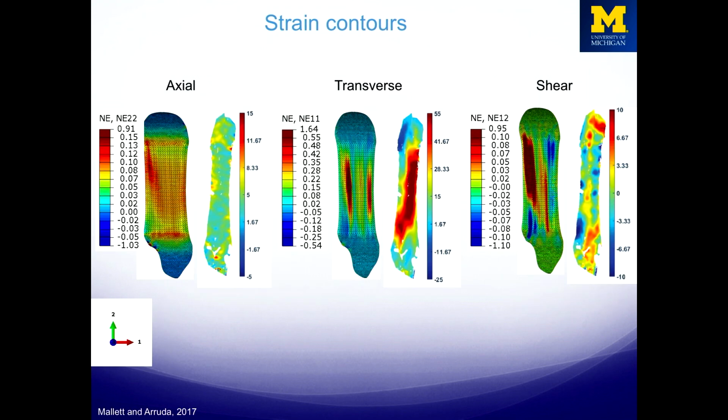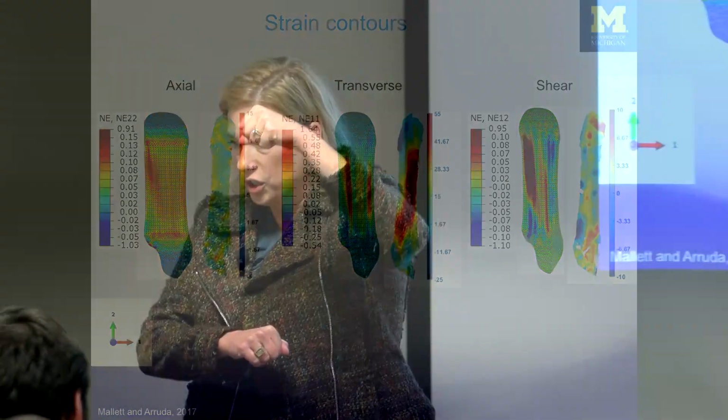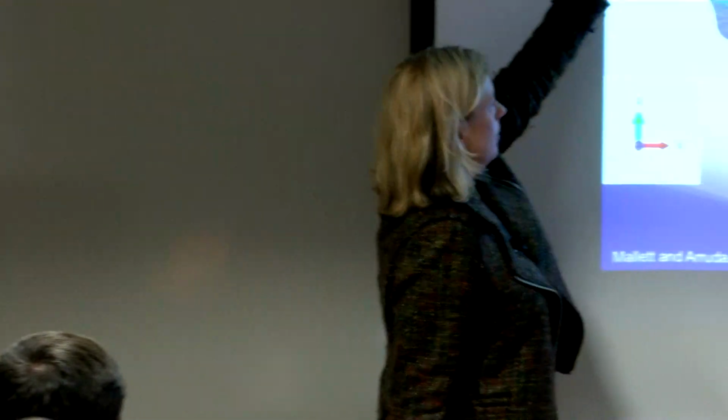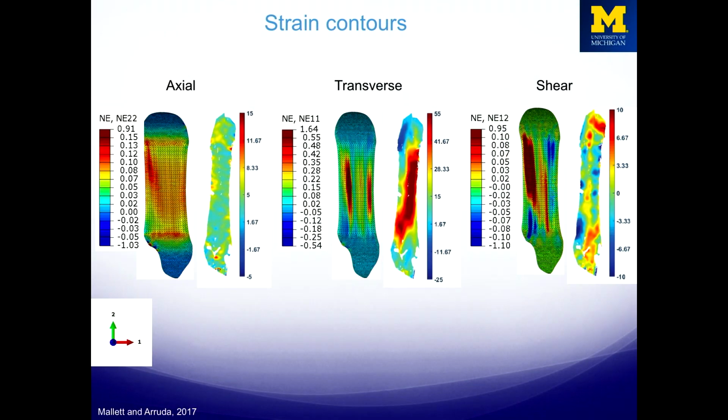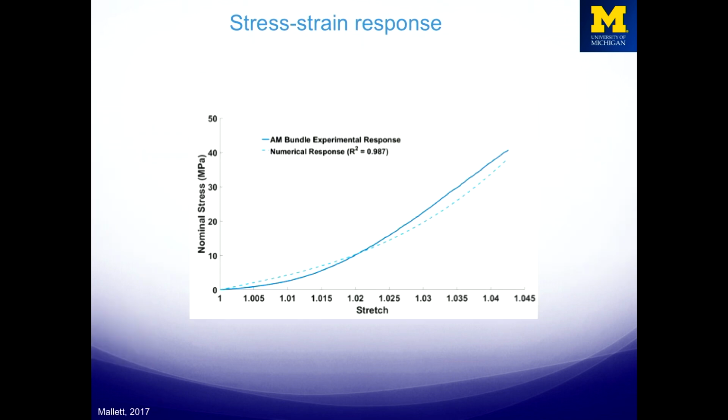And we can convert those into strain, and we see we don't get full homogeneous response. We get the transverse positive strains, and we even get shear. I didn't show you the shear earlier, but this is not homogeneous loading. So we see shear in there. And again, you can take this information, get an average strain, and plot a stress-strain curve, and plot it against the experimental stress-strain curve, and predict the response pretty nicely.